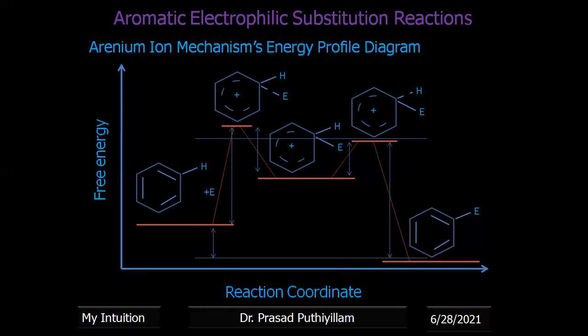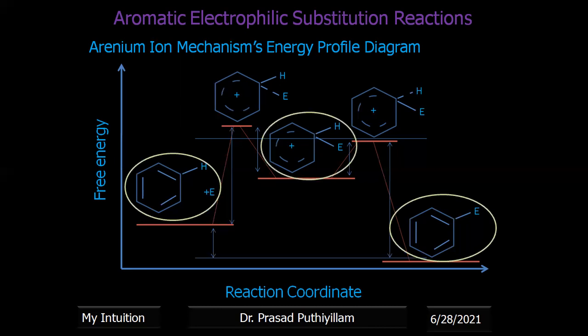Otherwise, no reaction is possible if the final product is not more stable than the substrate or the reagent. Okay, so that is the most stable state, the next stable state, and the Arenium ion, that is the least stable state. Okay, all these three can be separated with proper methods that I will be explaining in the next class. So you have to wait for that class.